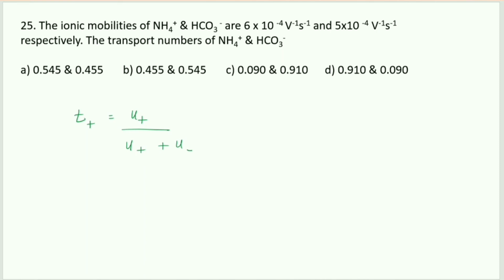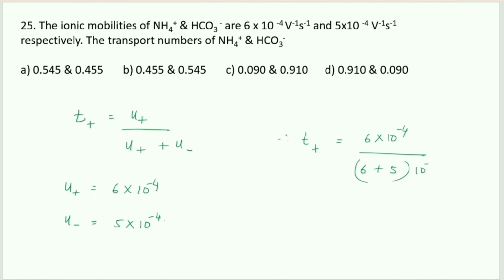U plus is 6 × 10^-4 and U minus is 5 × 10^-4 per volt per second. Therefore T plus will be 6 × 10^-4 by (6 plus 5) × 10^-4. So the answer is 6 by 11, that is 0.545.